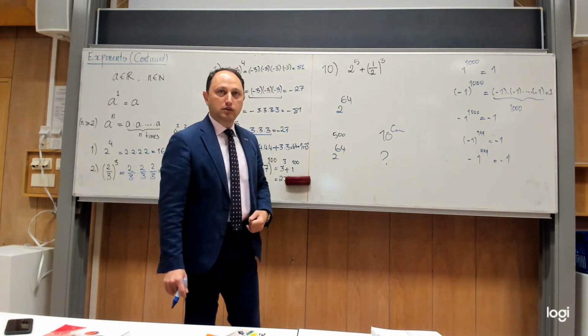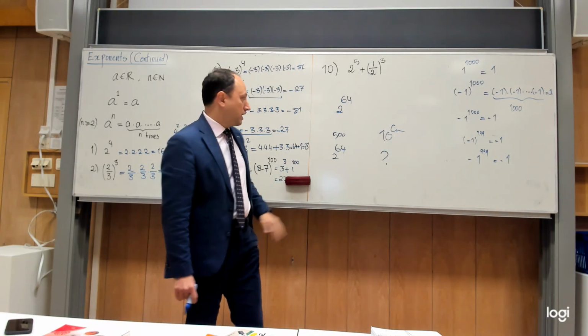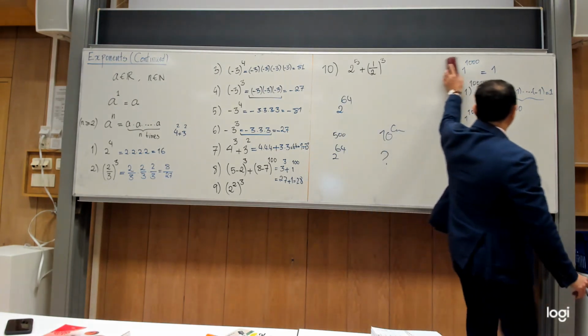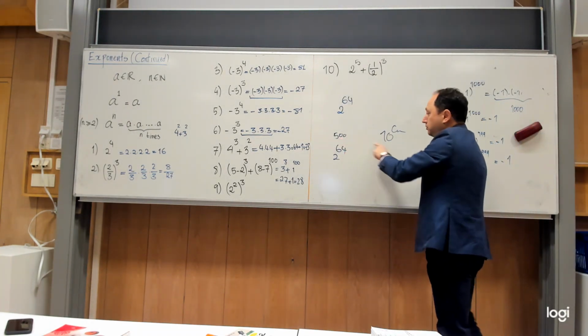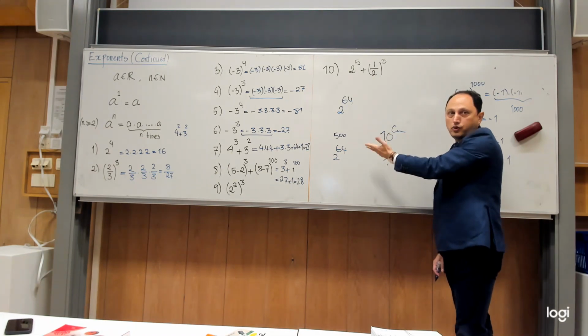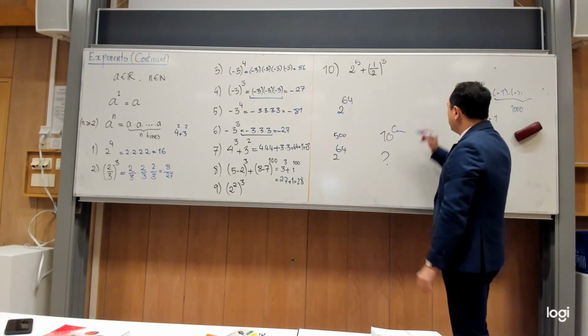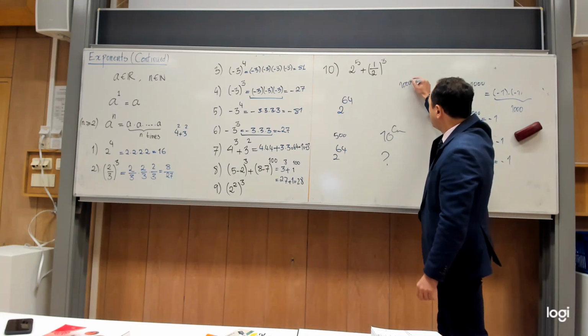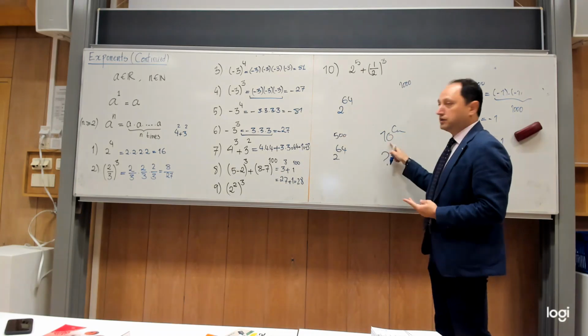How can I calculate this? Everyone should know. If I ask you what is the thickness of 1,000 papers, you immediately answer 20 centimeters. How did you understand? You divide the number 1,000 by this number, it becomes 2, and then you multiply 2 here.